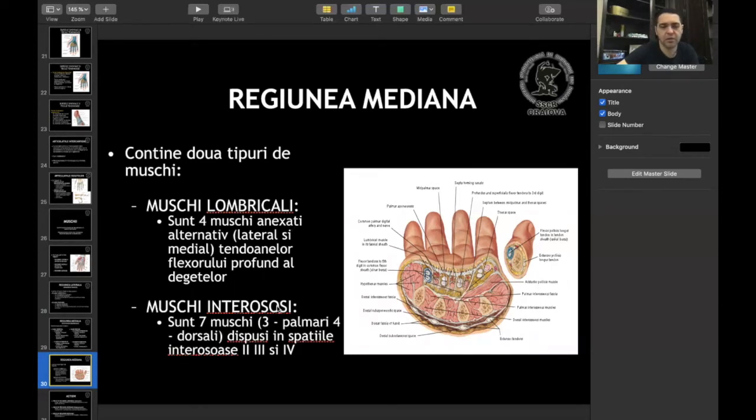There are also 7 interosseous muscles, 3 at the anterior level and 4 at the dorsal level. They are placed in interosseous spaces between metacarpal bones, so intermetacarpal bone spaces 2, 3, and 4.